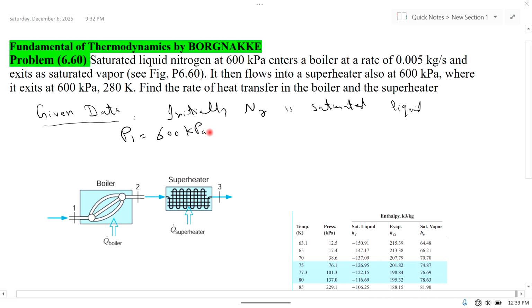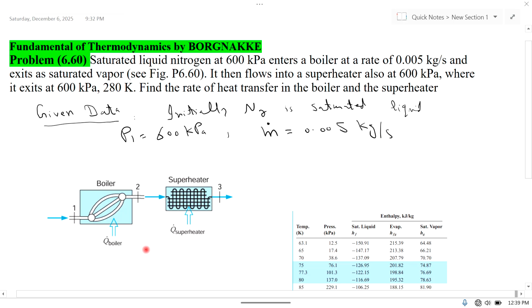It enters a boiler at a rate of 0.005 kilogram per second. It means that the mass flow rate is equal to 0.005 kilogram per second, and exits as a saturated vapor.